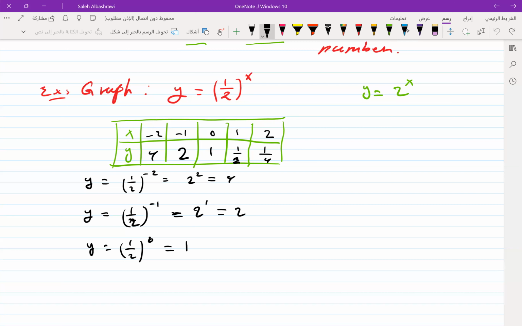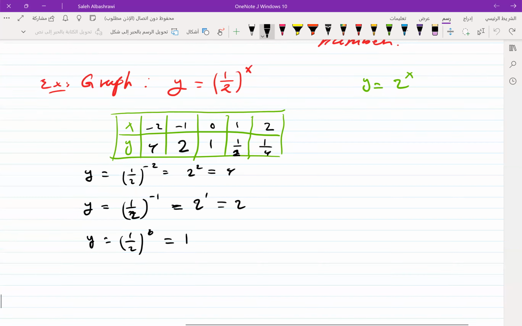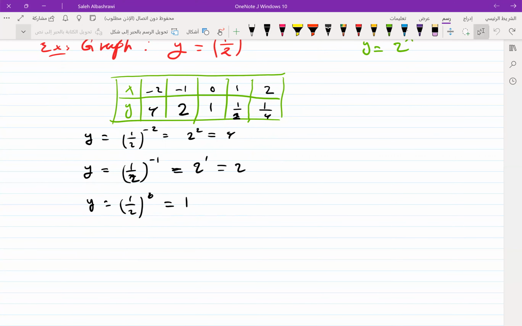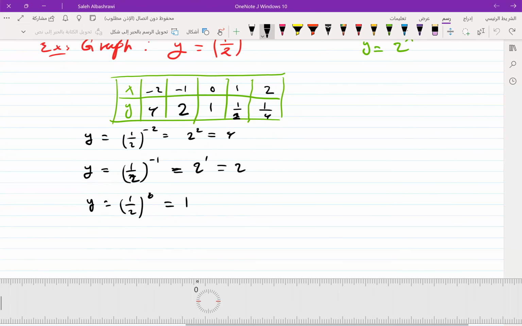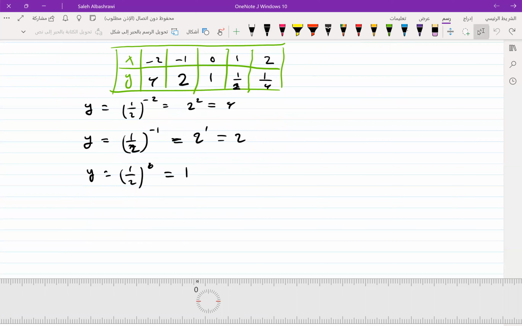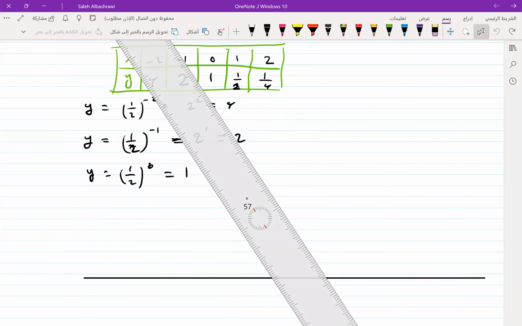Now to graph this one, I have 5 points. So this is the y-axis and x-axis.